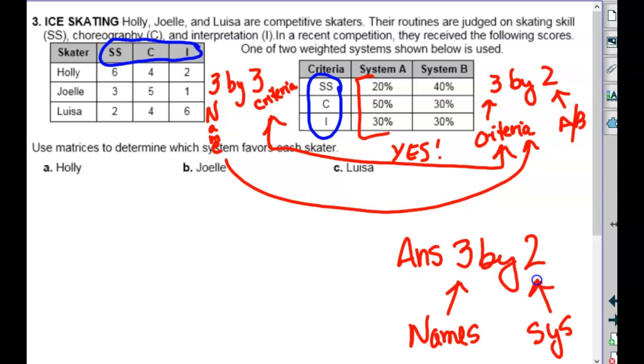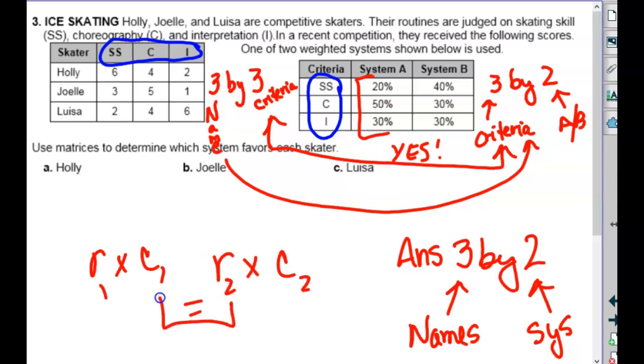Anybody lost? When you have row by column for matrix 1 and then you multiply it by row by column for matrix 2, these have to be equal and the answer you get will be this row by this column. We're good?